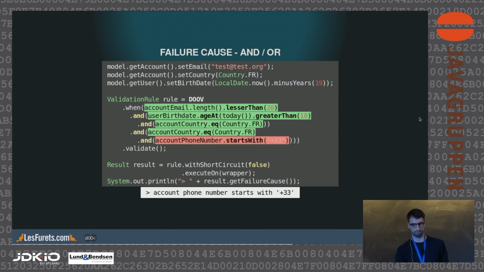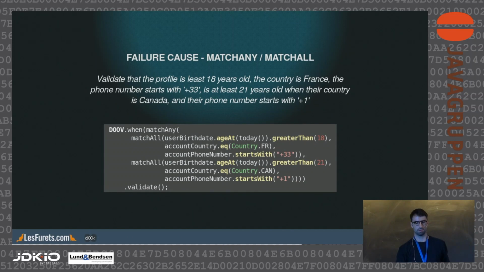Okay. We can show another example. Here it's showing you another syntax that you haven't seen: match any and match all. Match any is a big OR and match all is a big AND. So you have an OR, with two conditions, each with 3 ANDs in there.